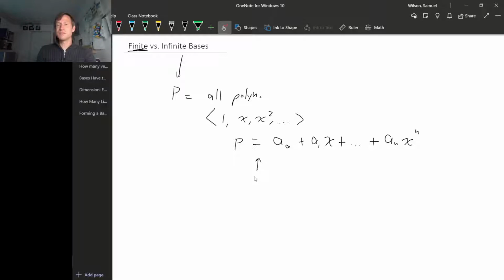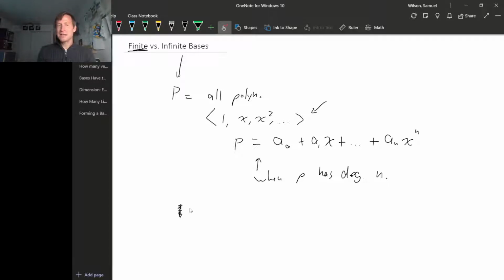So this is possible when our polynomial has degree n. So, some vector spaces with infinite bases act nice, but other vector spaces with infinite bases sometimes don't.